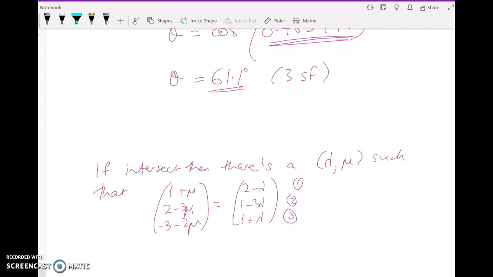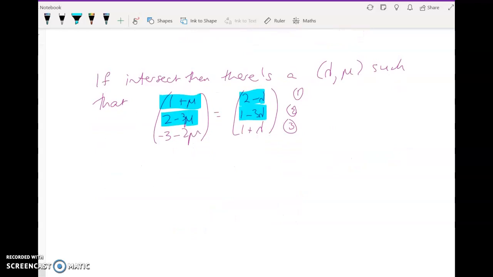So you can do whatever you want, but I did this one because 1 and mu was pretty easy, and then I did this one. Let's just do what I've done on my piece of paper. So the first one, 1 plus mu equals 2 minus lambda.